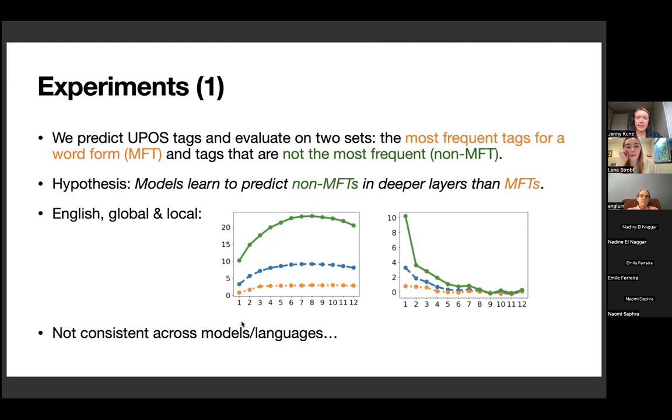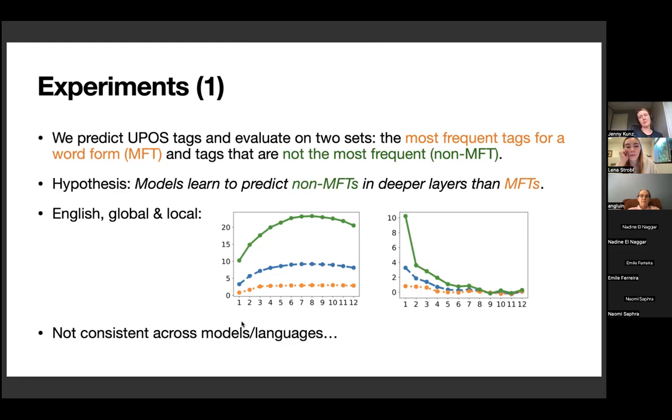One uses only word-tag combinations where the part of speech tag is the most common for this particular word form. The second is part of speech tags that are not the most common for a word form.